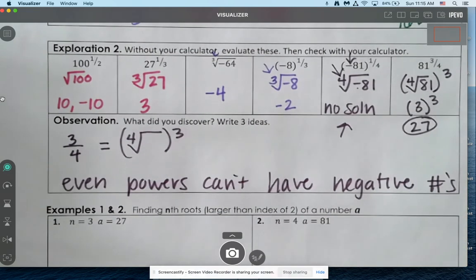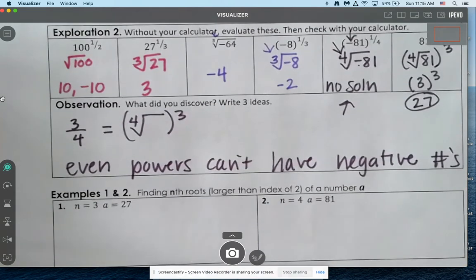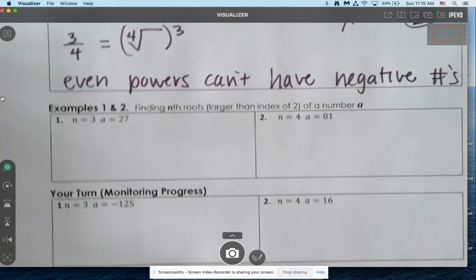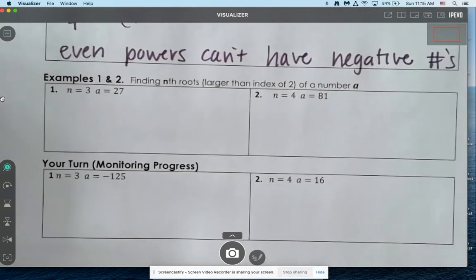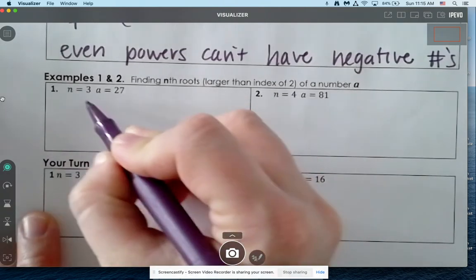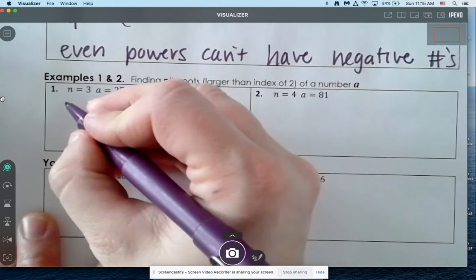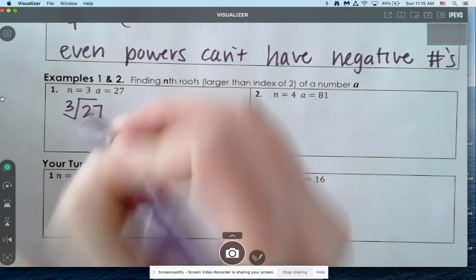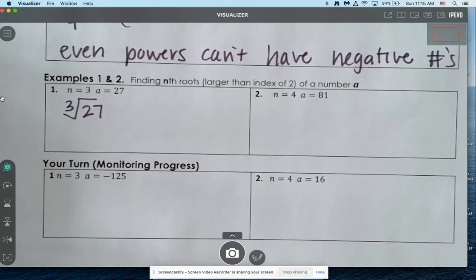All right. Now let's see if we can just try to use these new ideas in these next few examples, all right? So it says examples 1 and 2, find the nth root of a number a. So what's happening here? I want to find the 3rd root of 27. So this one, I hope you're kind of getting the hang of it.